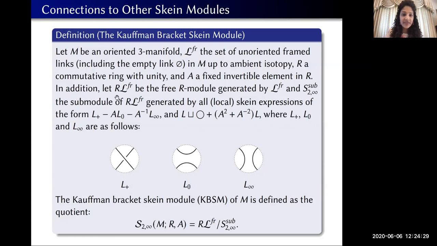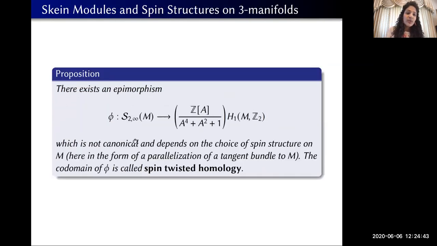One thing to note is that if the ring R is the ring of Laurent polynomials with integer coefficients in the variable A, then we remove the qualifiers R and A. Okay, so in this proposition, we have an epimorphism from the Kauffman bracket Skein module of a 3-manifold M over the ring of Laurent polynomials with integer coefficients into this group ring over the first homology of M with Z2 coefficients. And again, just as before, this epimorphism is not canonical and it depends on the choice of spin structure on M. And the codomain of this map is called the spin-twisted homology.